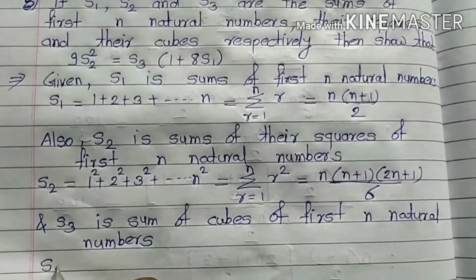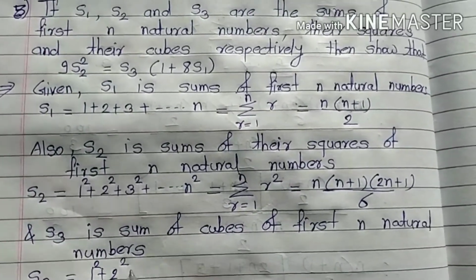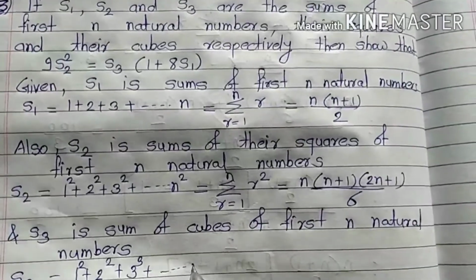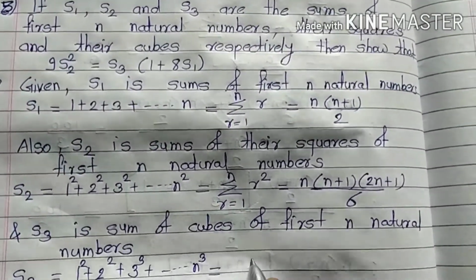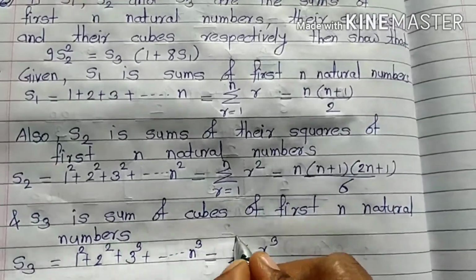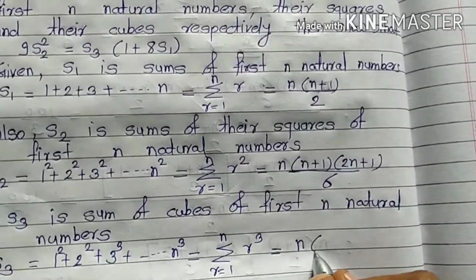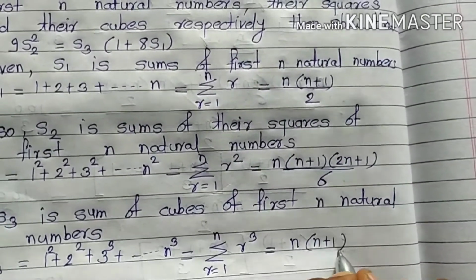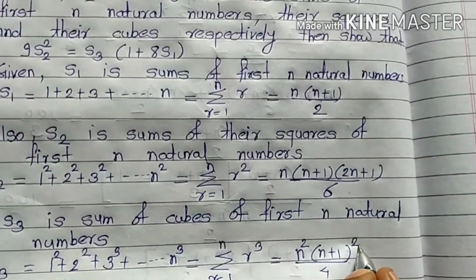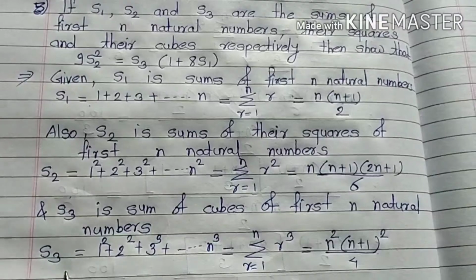So S3 is equal to 1 cube plus 2 cube plus 3 cube plus up to n cube, which is equal to summation of r cube, where r runs from 1 to n, which is equal to n into n plus 1 upon 2 whole square. So here it is S1, S2 and S3.